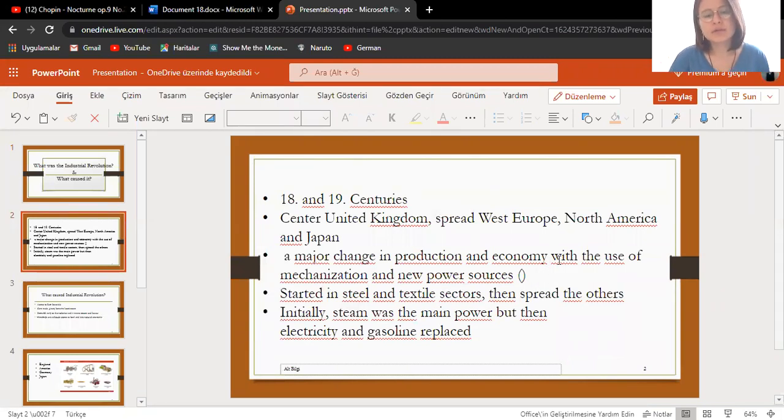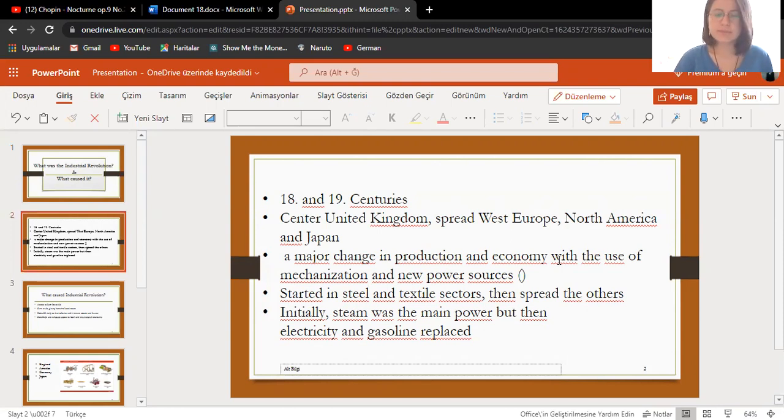The Industrial Revolution began in the 18th and 19th centuries. The birthplace of the Industrial Revolution was the United Kingdom, and after that it spread around Western Europe and North America and then Japan. The Industrial Revolution is a major change in production and economy with the use of mechanization and new power sources, such as steam power or the steam engine.